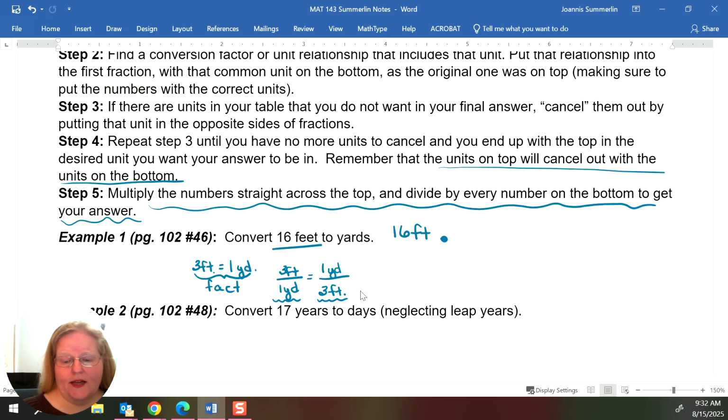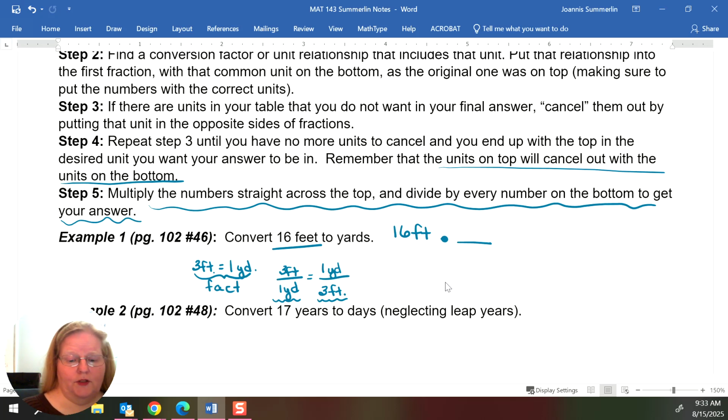I need to decide which one I'm going to pick to go over here. I need to make sure that whichever one I pick, we're going to have something that can cancel out. So right now I have feet on top. I can tell that the feet are on top because they are not underneath a bar. So since my feet are on top, I'm going to have feet on the bottom so that it can cancel out.